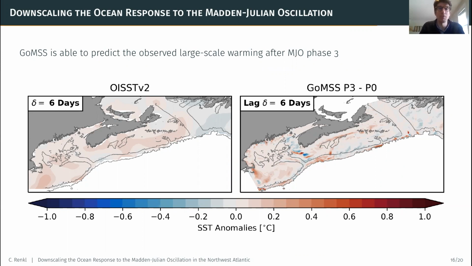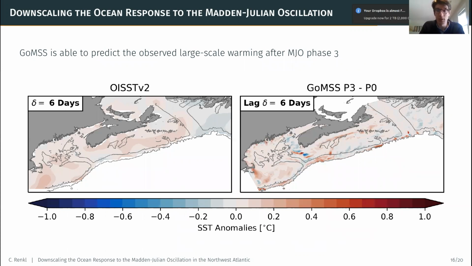And these are all referenced, and here the observations are referenced to the difference at 0 lag. So they're slightly different than the ones I showed before, but this way they're more comparable to the model output.